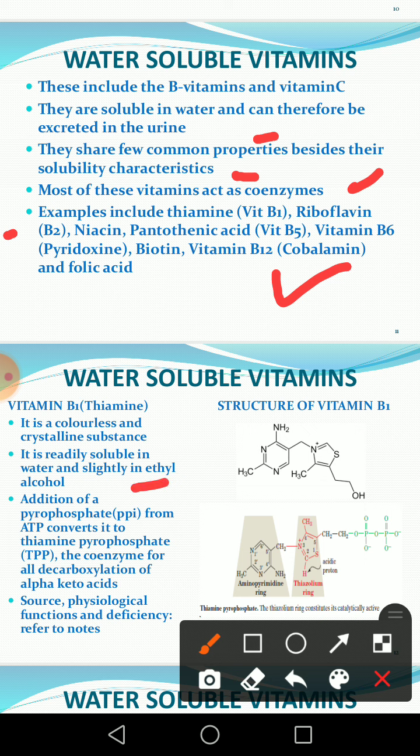Addition of a pyrophosphate, PPi, from ATP converts it to thiamine pyrophosphate, TPP, the coenzyme for all decarboxylation of alpha keto acids. Here in the diagram, the detailed structure of thiamine pyrophosphate is given.